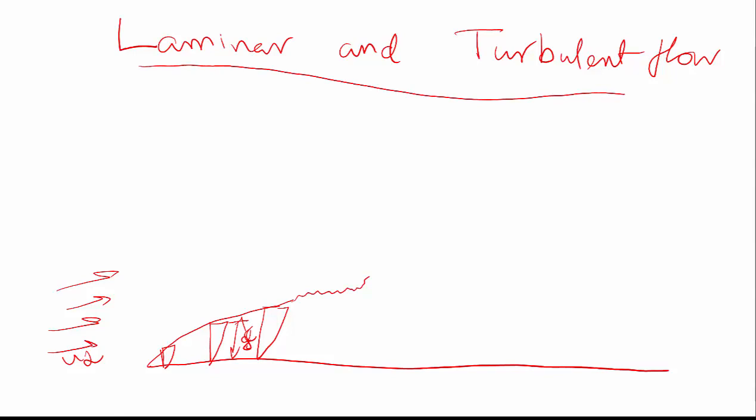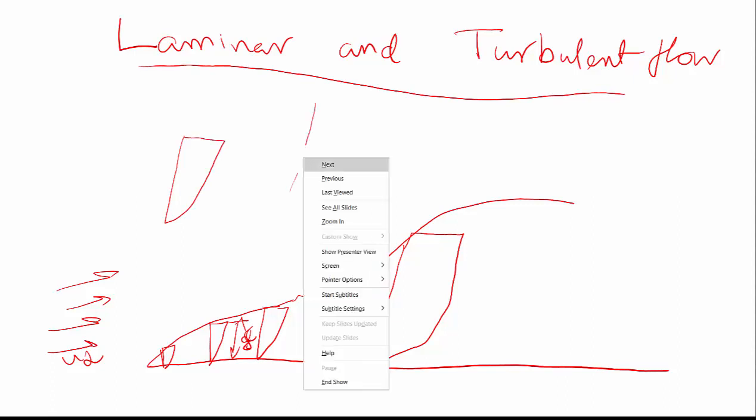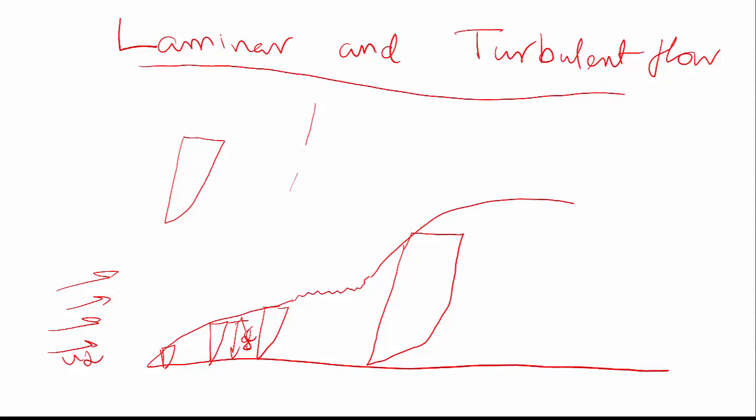Then it reaches turbulence. In the turbulent region, the velocity profile is like this. See the difference. This is the velocity profile for laminar, and this is the velocity profile for turbulent.